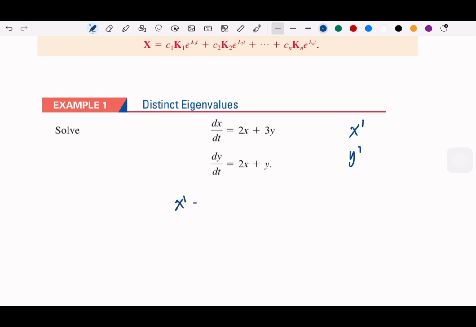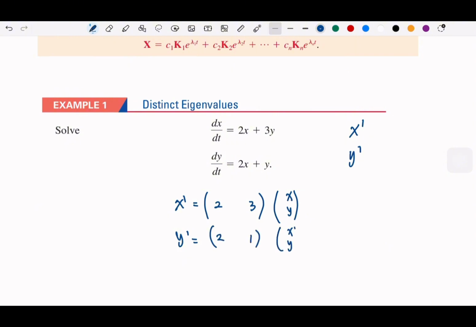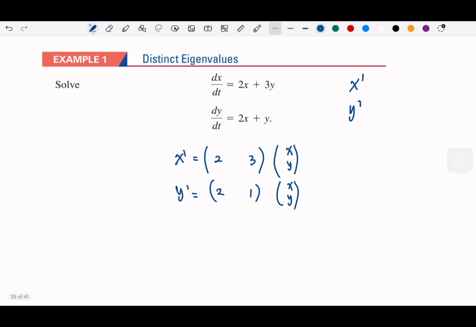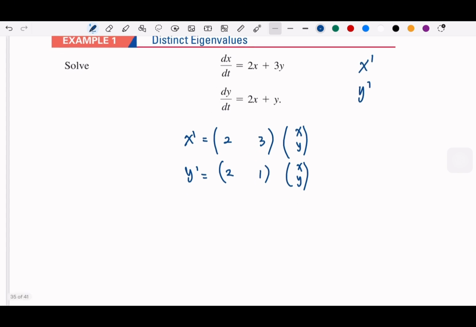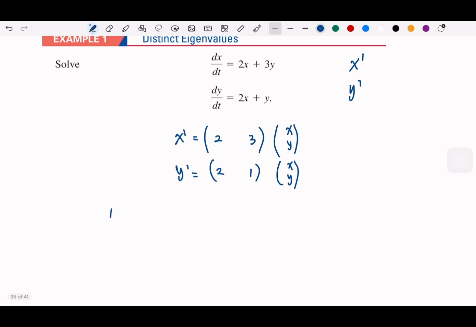So x prime becomes 2 and 3, times x and y, and y prime is 2, 1. Then we can write the system in one matrix, so we can define A as 2, 3, 2, 1.